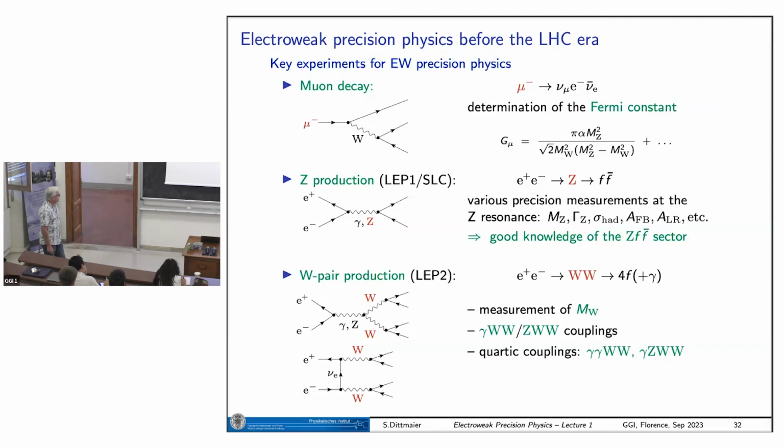And by investigating W boson pairs, of course, first of all, you could measure the W boson mass with higher precision, but also investigate these non-abelian couplings between the gauge bosons. And I will show you results of that later. It was even possible to have a little bit of information about quartic gauge boson couplings when an additional photon was just demanded in the experimental signature here.